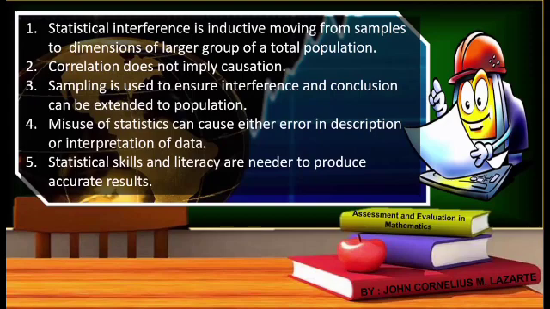It can become invalid. And lastly, statistical skills and statistical literacy are needed to produce accurate results. Meaning to say, we need an authentic statistician to help us fully produce an accurate statistical result out of a study.